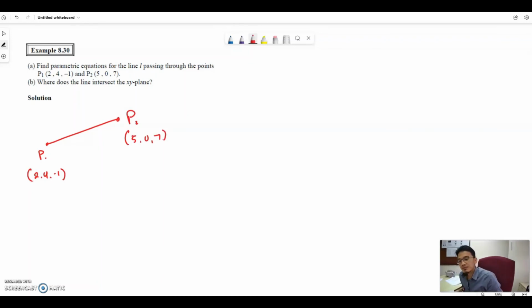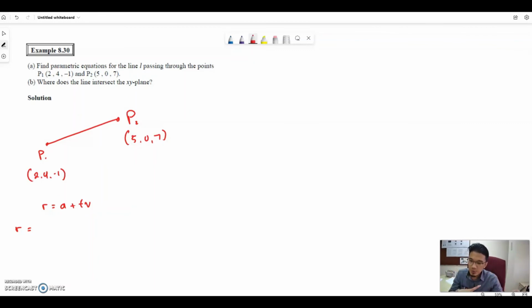Parametric equation means firstly we have to create the vector equation, that is r equals a plus tb. What's important to create the vector equation? Firstly, you have to assign a fixed point along the line. Here we have two points on a single line, P1 and P2.